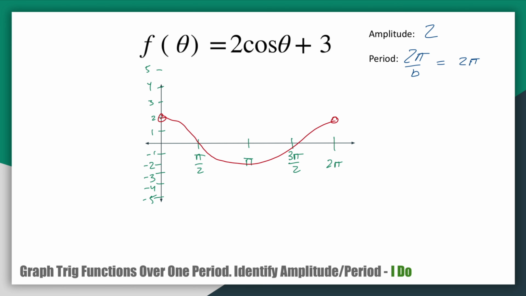Now, to vertically shift this, we're just going to take all of those points and raise them up 3 places. Sometimes it's a little hard to draw the segment raised, so it's a lot easier to do these points. Keep in mind, this was supposed to go right through there.